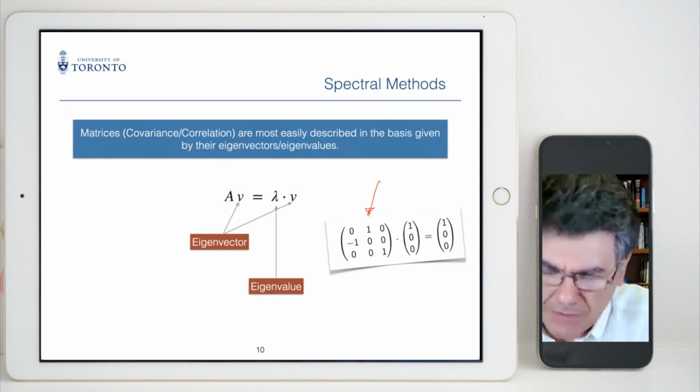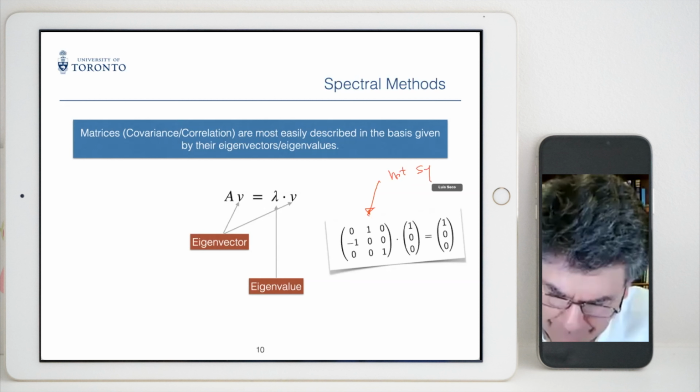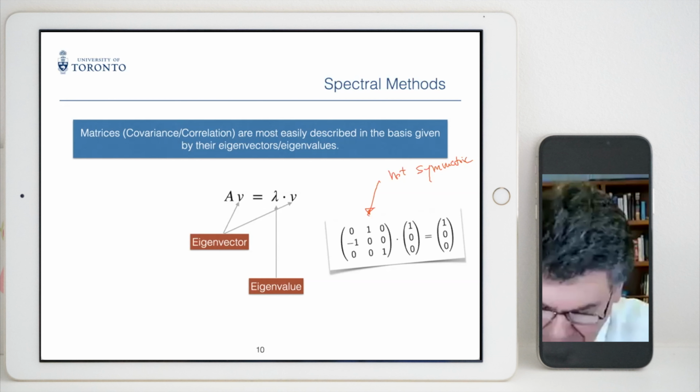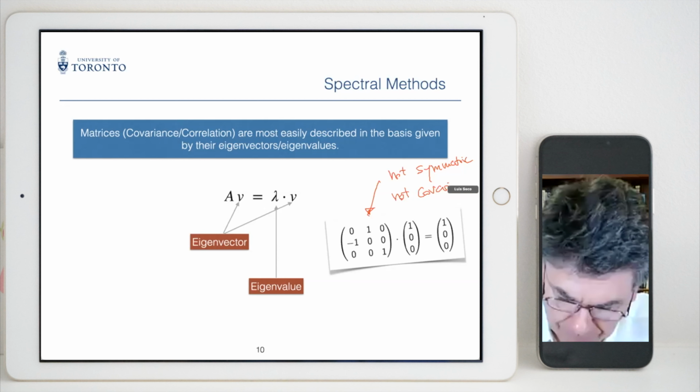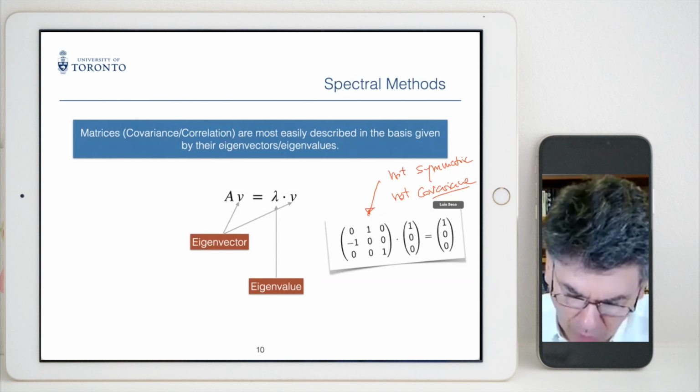This matrix is not symmetric. Therefore, what we're talking about does not apply to it. It's not a covariance matrix. And this matrix has only one real eigenvalue.